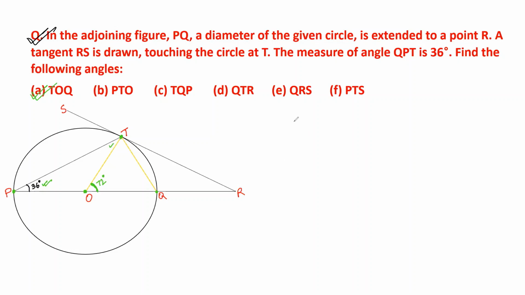So we can write angle TOQ equal to angle TPO plus angle PTO. Now angle TOQ is 72 degrees and angle TPO is 36 degrees. So from this we can write angle PTO to be 36 degrees. So the measure of angle PTO is 36 degrees.